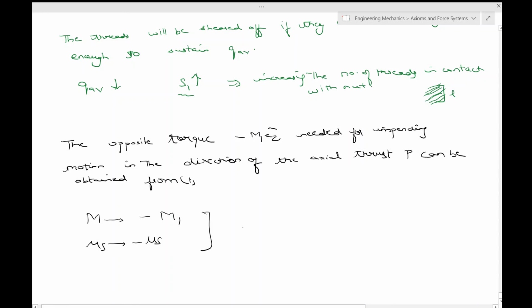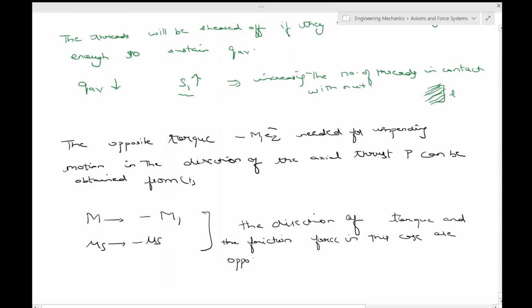This is because the direction of torque and the friction force in this case are opposite to those of the previous case.